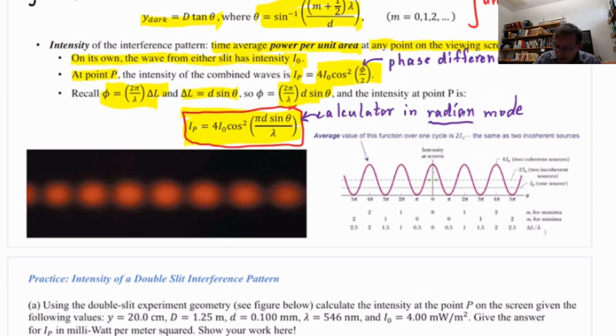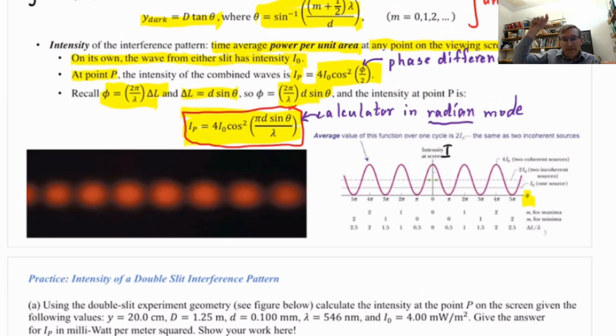But I want to also show you the graph on the right. We have here a plot of the intensity, I, at point P on the screen as a function of the phase difference phi at point P on the screen.